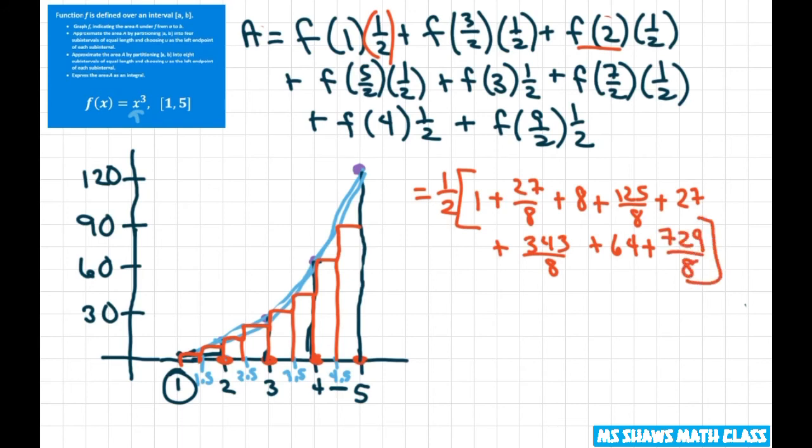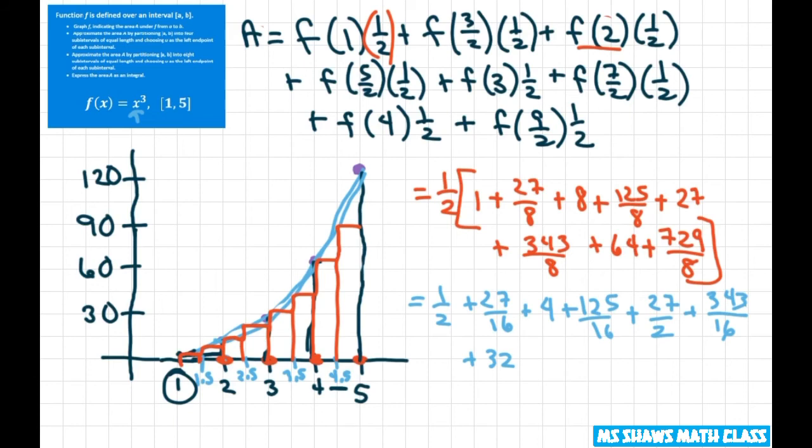Now, when you distribute that out, you're going to get 1/2 plus 27/16 plus 4 plus 125/16 plus 27/2 plus 343/16, then plus 32, then plus 729 divided by 16.